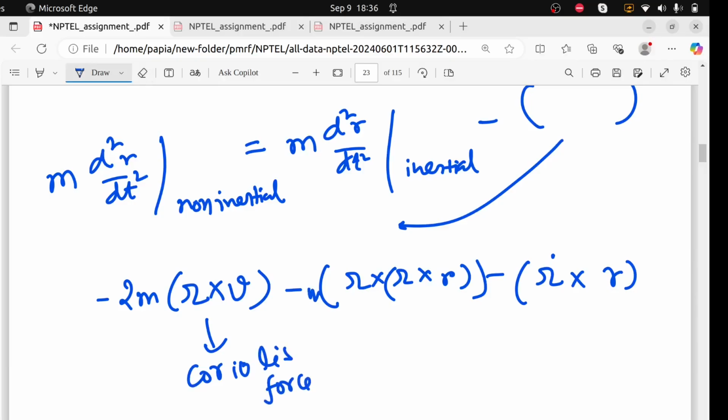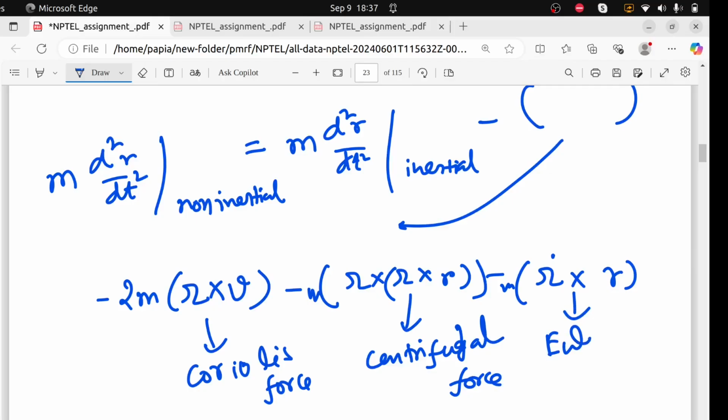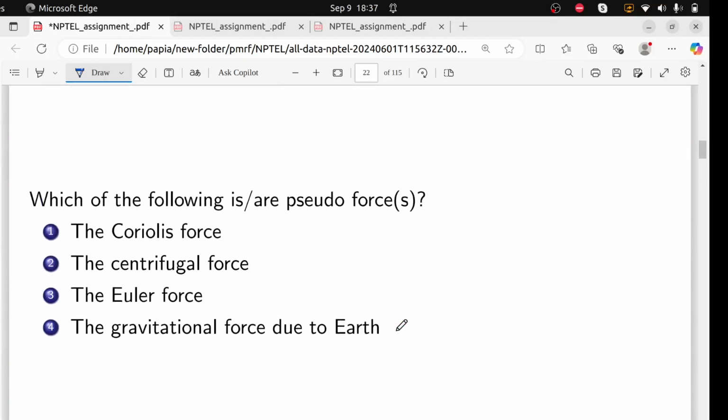All the terms carry m. The ω cross (ω cross r) term is the centrifugal force, and the ω dot cross r term is the Euler force. So these three are pseudo forces in the case of inertial to non-inertial.